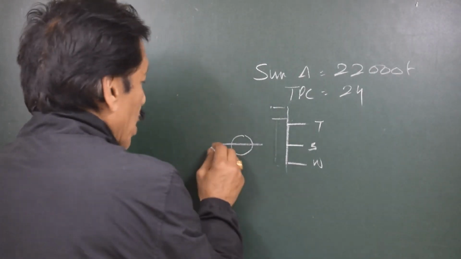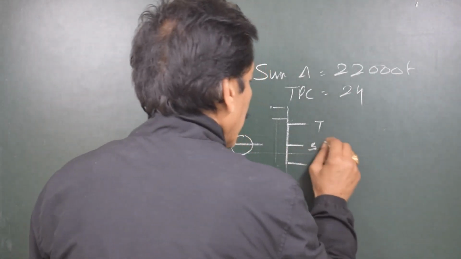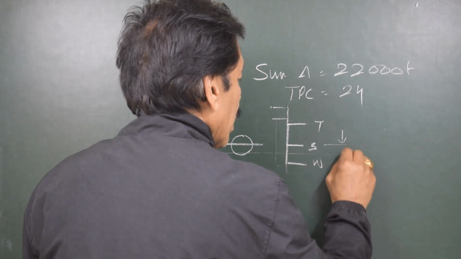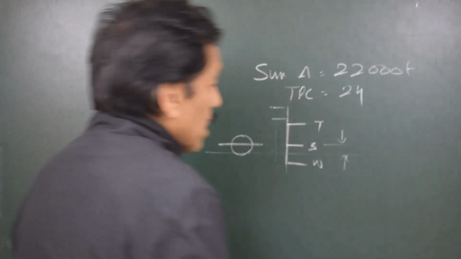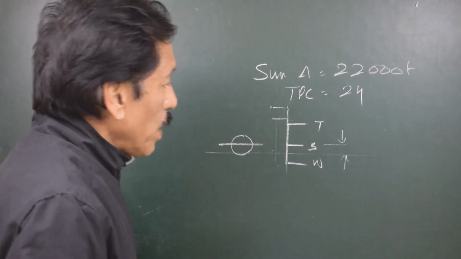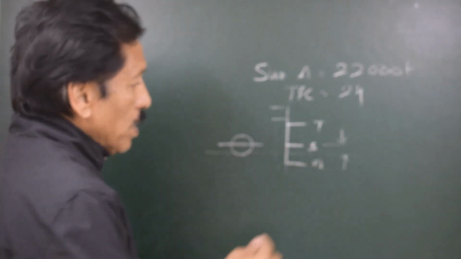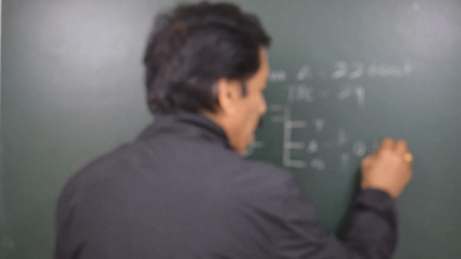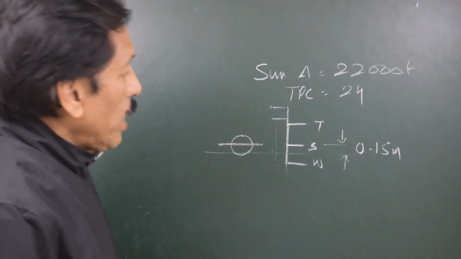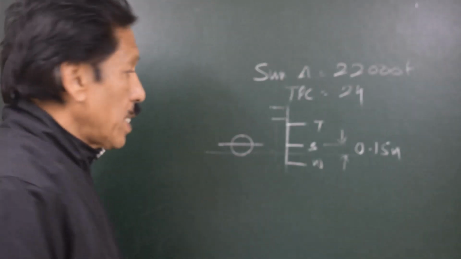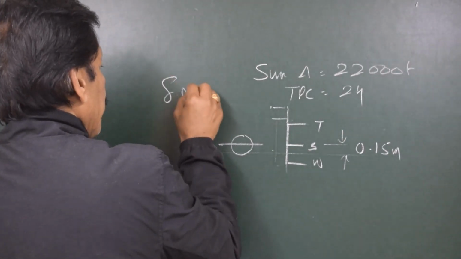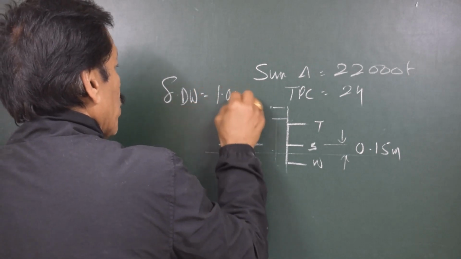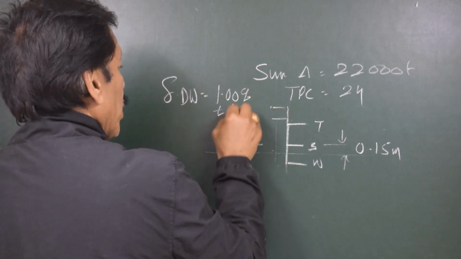Now, the present water line is about 15 centimeters below the summer load line. That means the vessel has not even submerged to the summer load line. She is 15 centimeters below, 0.15 meters. And now she needs to load in this density. Density of dock water, say, is 1.008 tons per meter cube.